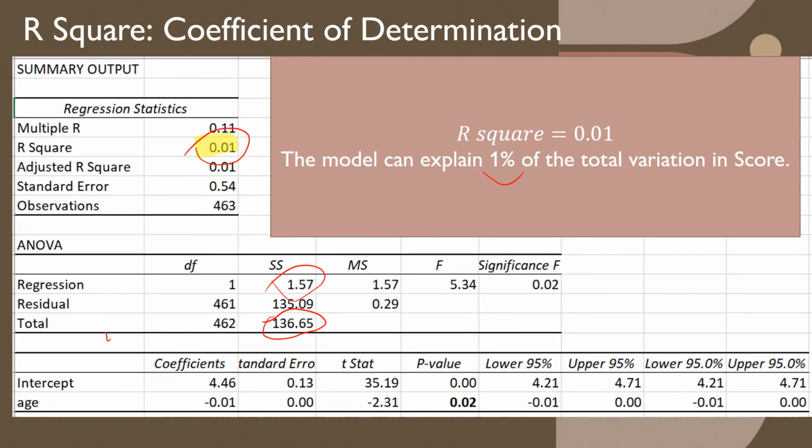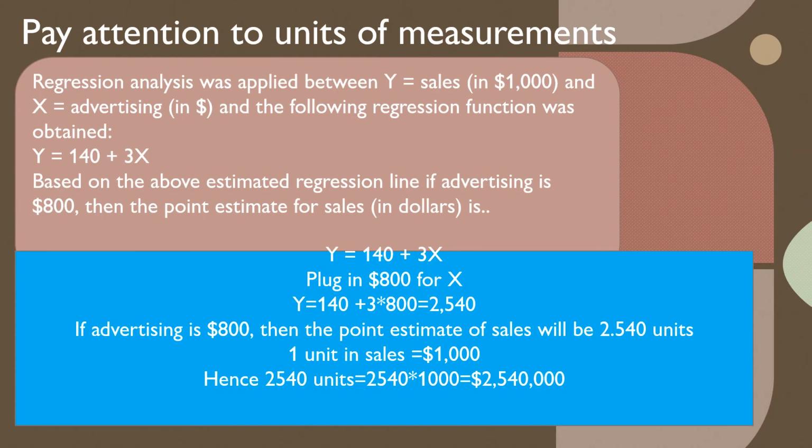Now I'm going to give you another example where we will pay attention to the unit of measurement. Now we have a different regression model. We end up with the following linear regression equation.